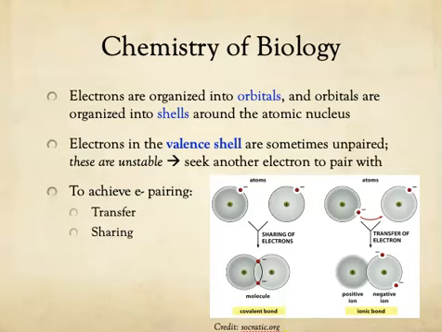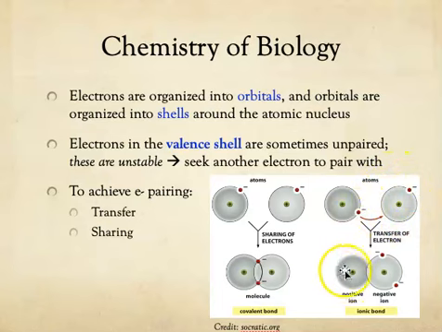Now next door on the right-hand side of the slide, you can see an example of two atoms, again with unpaired electrons in their valence shells. But instead of coming together and sharing this pair of electrons, one of the atoms is going to donate its unpaired electron to the other atom.